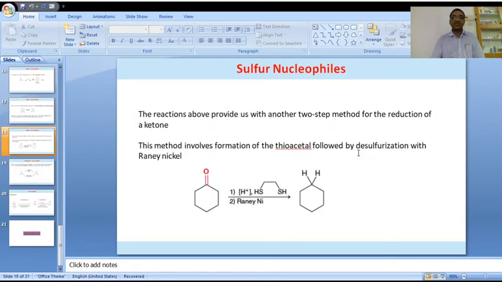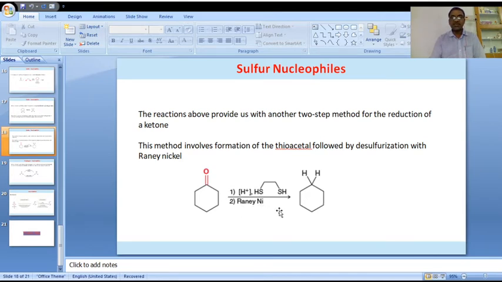Here please observe, in the second step, the intermediate, what is that? The cyclic thioacetal formed as an intermediate in the first step reacts with Raney nickel. This Raney nickel generally absorbs hydrogen atoms.